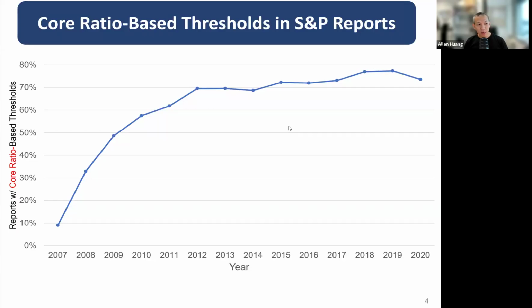Before that, analysts almost never discussed ratios in the downside scenarios in the reports, but it has significantly increased over time, with the largest increase coming right around the time of the financial crisis.